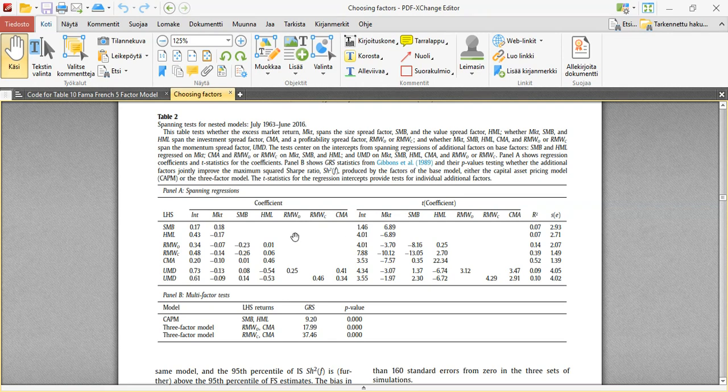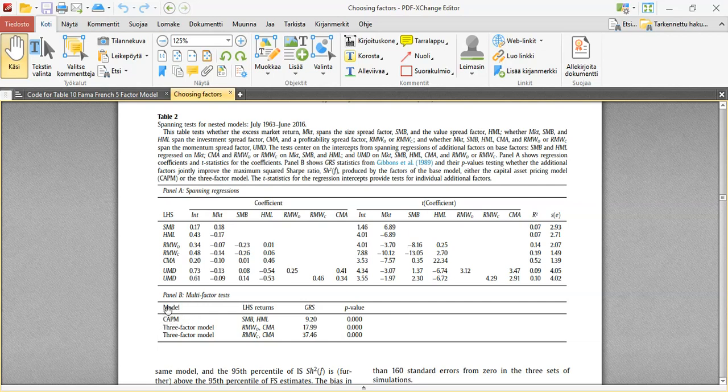We already know that at least the second one is unequal to 0, so our intuition would tell us that if we test those point estimates simultaneously, the test should indicate that we reject the CAPM and accept the alternative hypothesis, which is the three-factor model, because at least one of them is significant. And this is exactly what happens here in panel B, multi-factor tests.